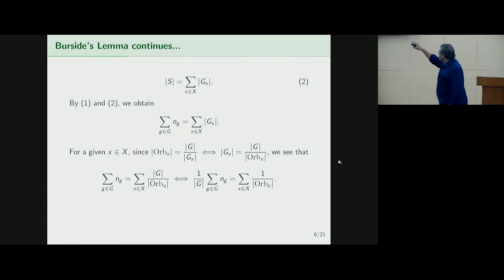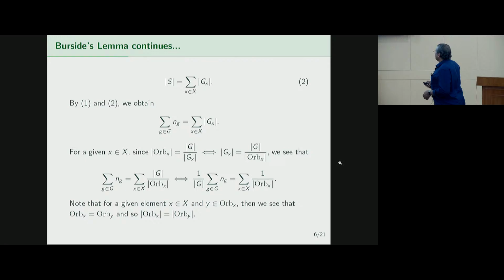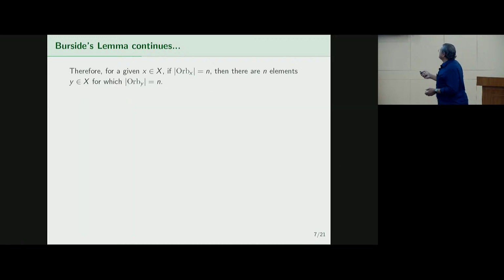The left hand side is the correct one. For the right hand side we have to check whether it gives the total number of orbits or not. For a given element x, and y in the same orbit of x, the cardinalities of both orbits are the same number. So if n is the size of the orbit of x, then there are n elements for which the orbit of y is going to be of size n.